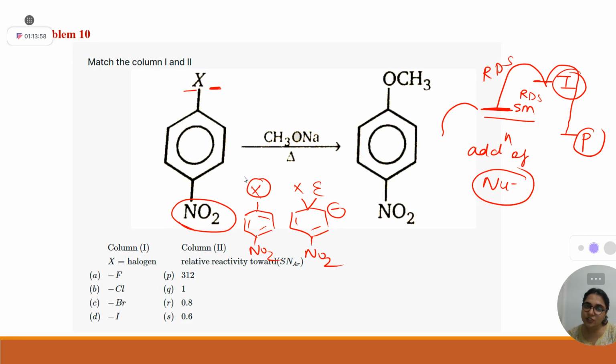Shubham, Adarsh. Ma'am, the rate with fluorine as leaving group will be fast. So this depends upon leaving group ability. Could you please repeat? You are saying that the rate will depend upon leaving group ability. Okay, keeping this point in mind, which is the correct option? You just have to match.